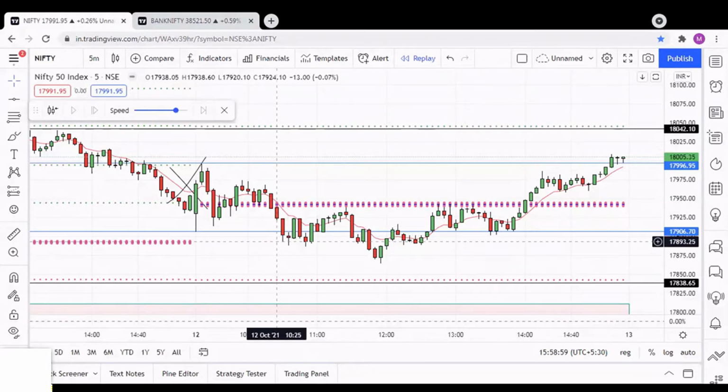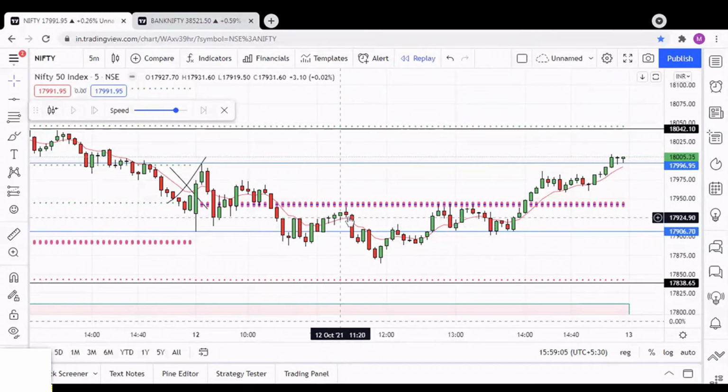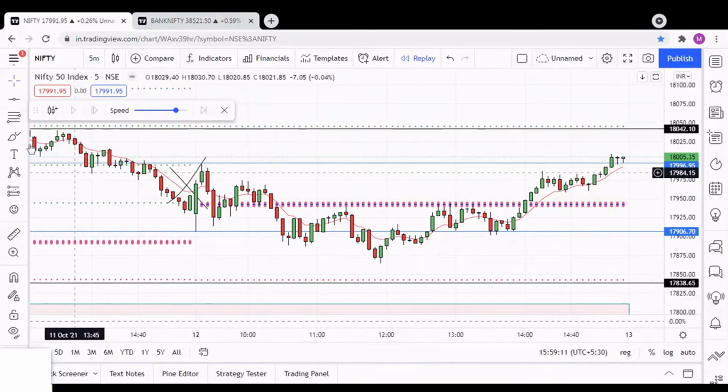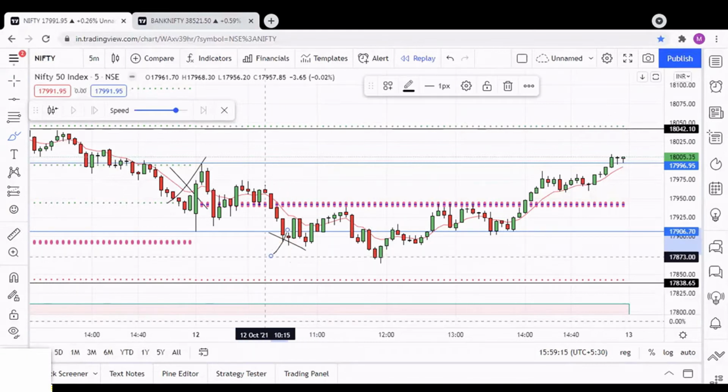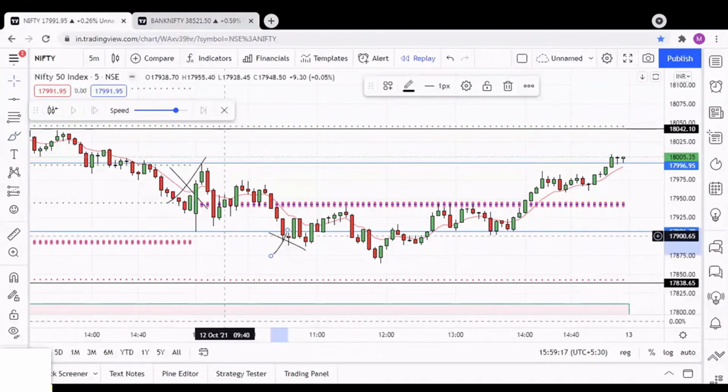Look, if one would have taken the short entry here, the market came down again, it went up and took the stop loss, if you have kept the stop loss above the red candle. So I will not prefer to go short on this trade. There is no trade here also.